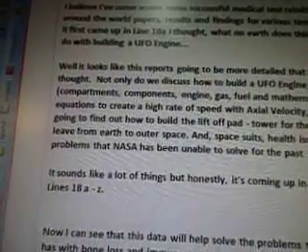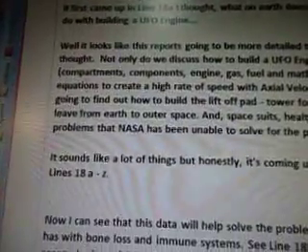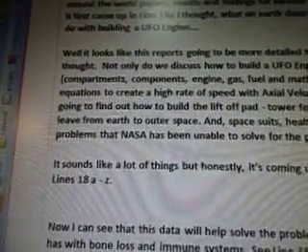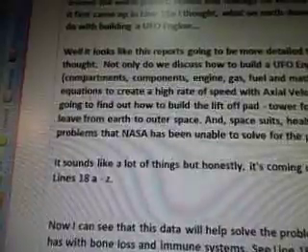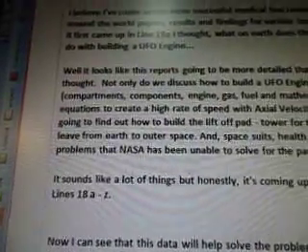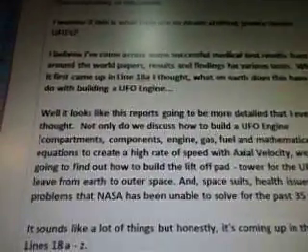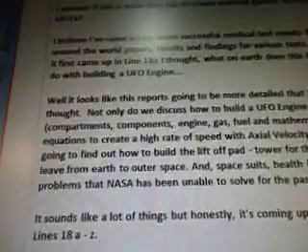Well, it looks like this report is going to be more detailed than I ever thought. Not only do we discuss how to build a UFO engine, compartments, components, engine, gas, fuel, and mathematical equations to create a high rate of speed with axial velocity, we're also going to find out how to build the liftoff pad.